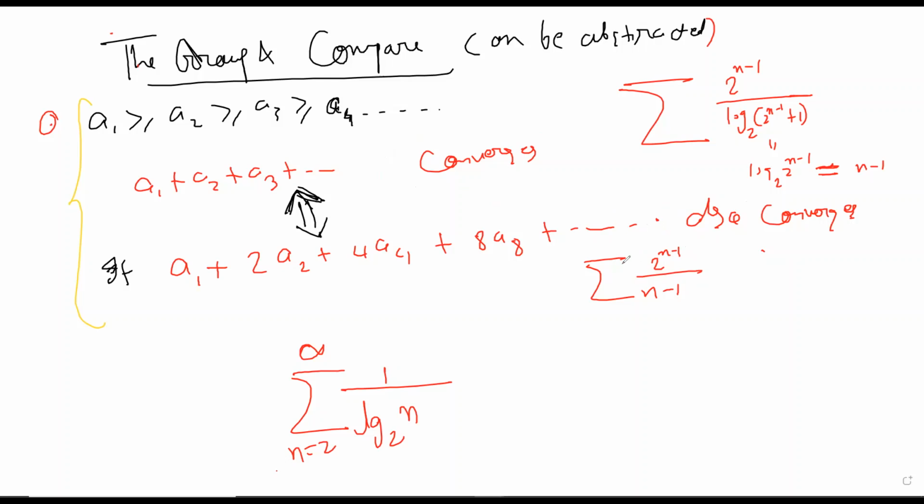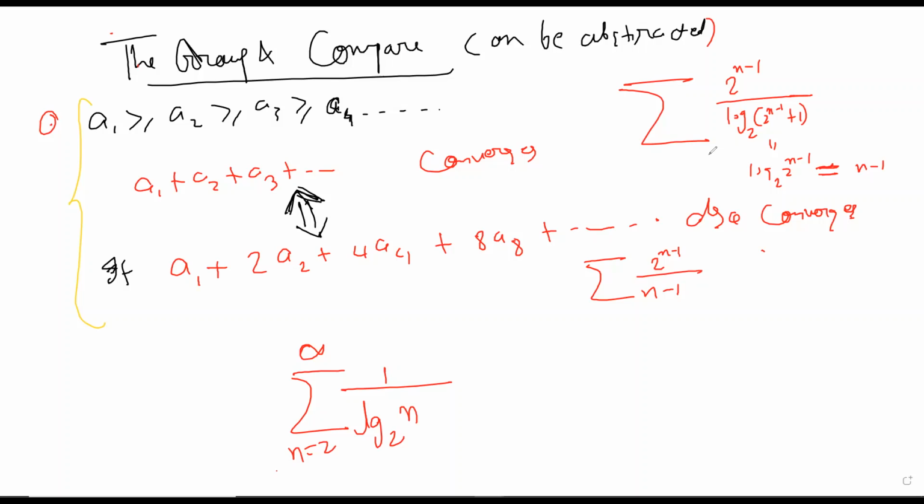Yeah, go on. So this 2 power n minus 1, I should talk about this series now. Yeah, now we can only focus on that series. Then 2 square by 2, 2 cube by 3, 2 power 4 by 4, 2 power 5 by 5.